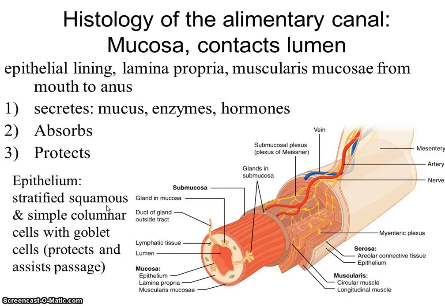And even then it shows up again at the end of the anal canal. Simple columnar really rules most of the mucosa. So from the stomach up into the anal canal, you see simple columnar cells, lots of goblet cells. We put those again because mucus is a secretion to protect. And we're going to figure that out as we move along the tube.